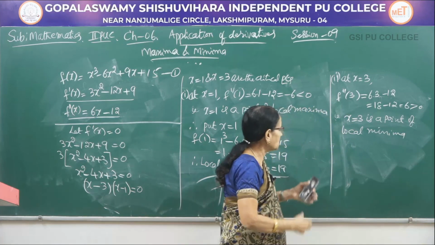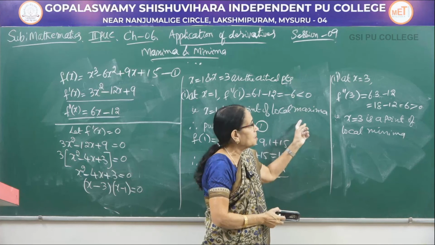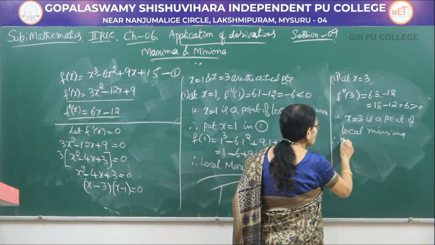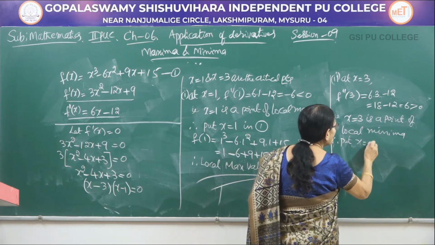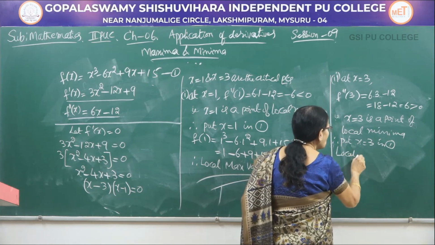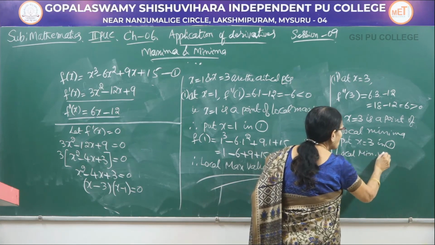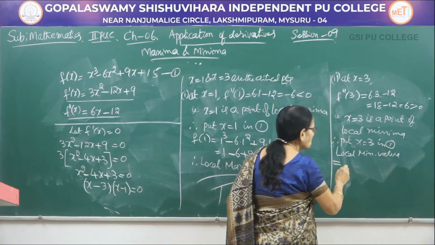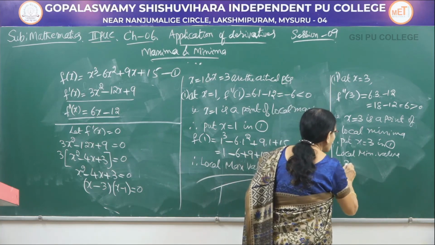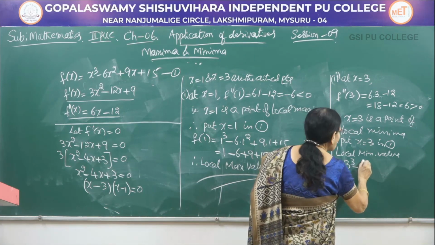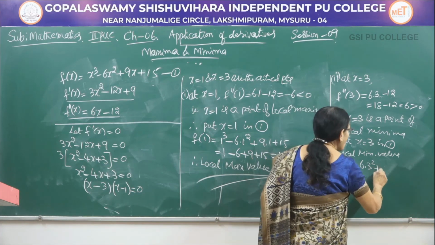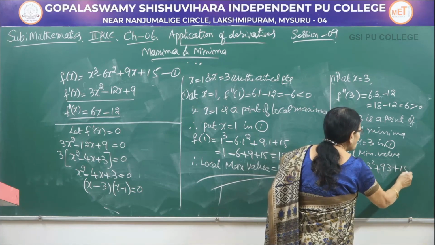So since the second derivative less than 0 means maxima, second derivative greater than 0 means minima. Therefore you put x is equal to 3 in the given function. We get the local minimum value. Local minimum value is equal to, in that first function, put x equal to 3. 3 cube minus 6 into 3 square plus 9 into 3 plus 15.